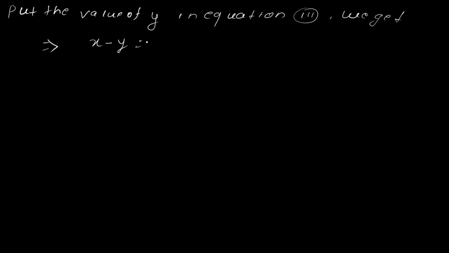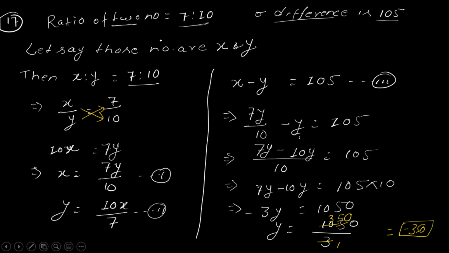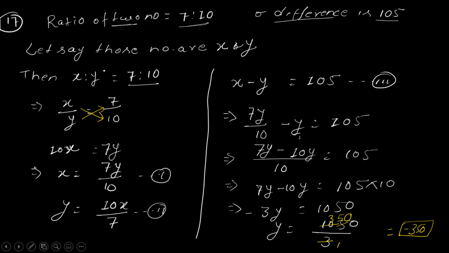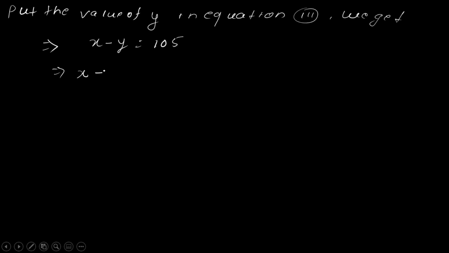So we get x minus y, and it was 105. So x minus minus 350 equals 105.